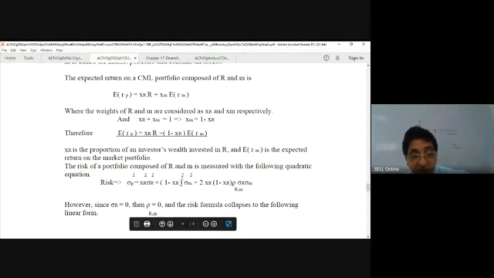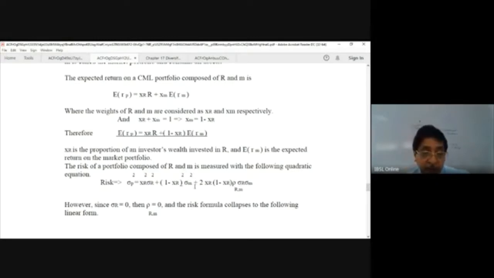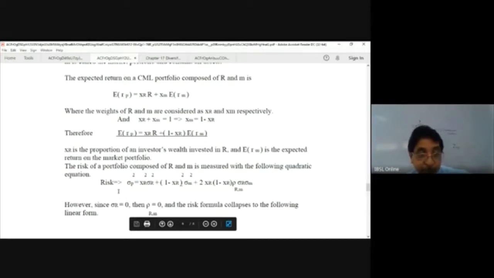Plus 2 XR into 1 minus XR, rho RM sigma R sigma M. Anyway, I don't know whether there is some confusion here. Therefore, I will explain it on the board with the same symbolization.